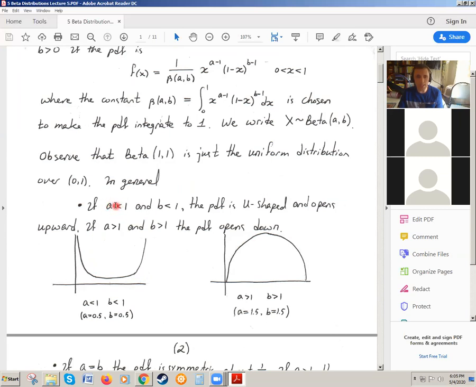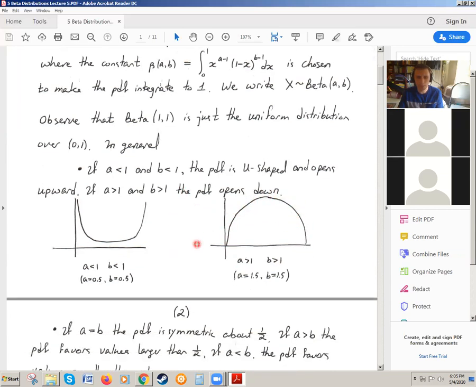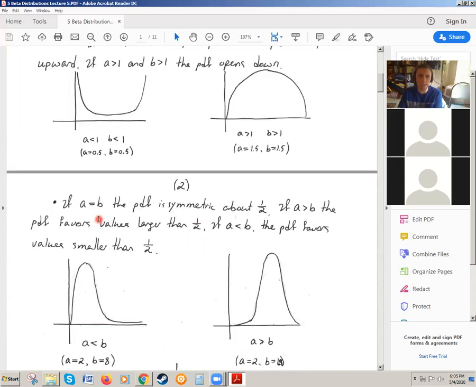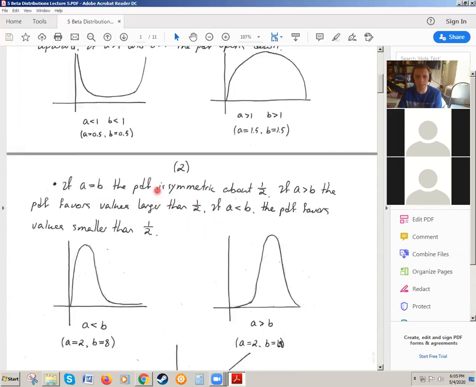If a is less than 1 and b is less than 1, then the distribution is U-shaped. I think I accidentally said when a is only equal to 1 and b equal to 1, but I should correct myself. If a is less than 1 and b is less than 1, then you have a U-shaped distribution. On the other hand, if a and b are bigger than 1, then it would be frown shaped. And if a is equal to b, the probability density function will be symmetric about 1/2.